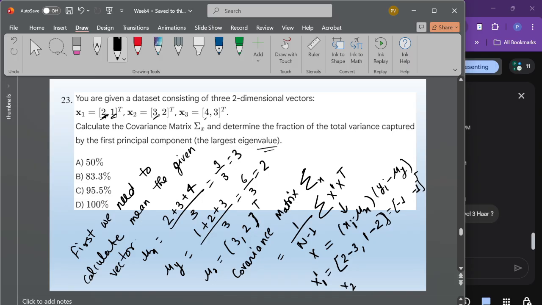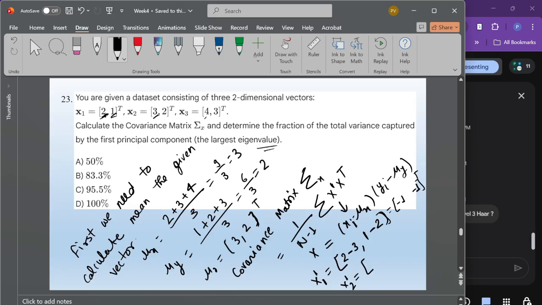Now similarly we need to find out x2 dash also. The x2 value is 3 and 2, so 3 minus 3 and 2 minus 3 transpose. So you will get 0 and minus 1 transpose. Wait, 3 and 2 here, so it is not that; it is the whole 0 vector we have got here.